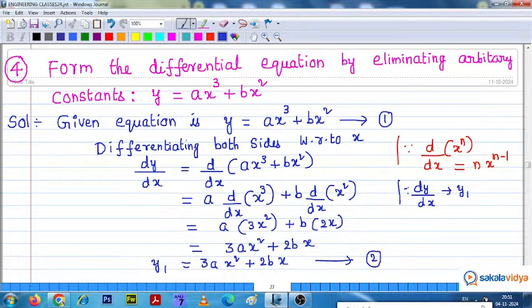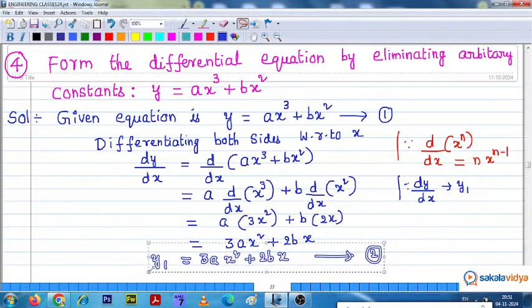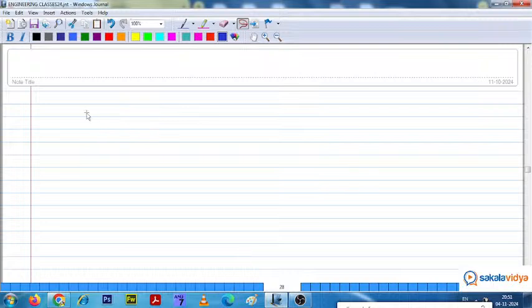Now again differentiating both sides with respect to x. Let me copy this one and I will substitute it here now. So this is equation 2.